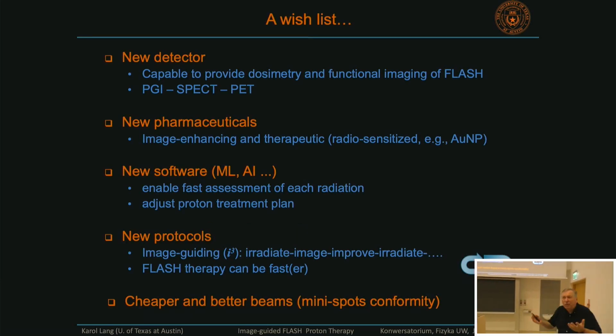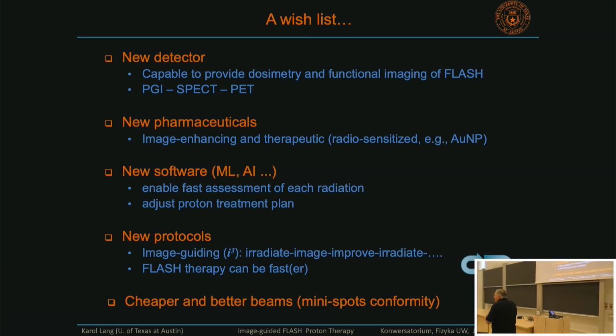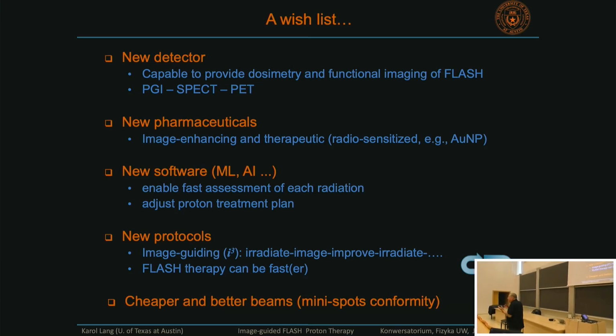As we look through this and think about what can be done, we have assembled a wish list which touches upon all aspects of the therapy. We can build a better detector. We can improve pharmaceuticals. I didn't tell you that we are using any pharmaceuticals, and we're not, but one can inject something that would enhance the imaging of positron emission.